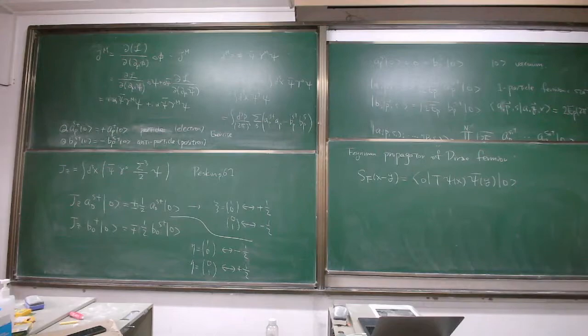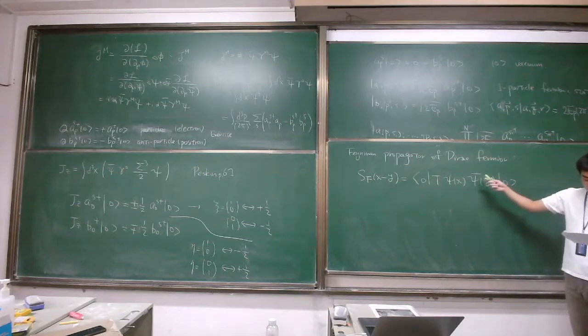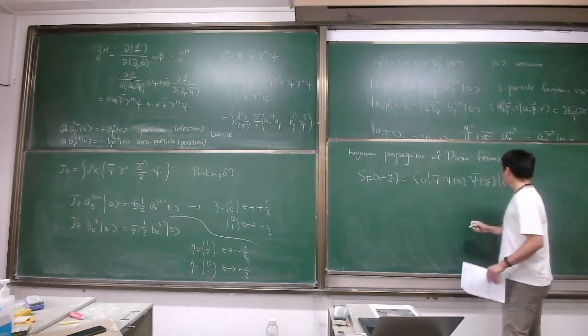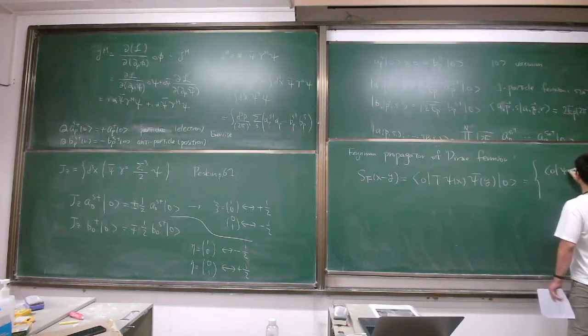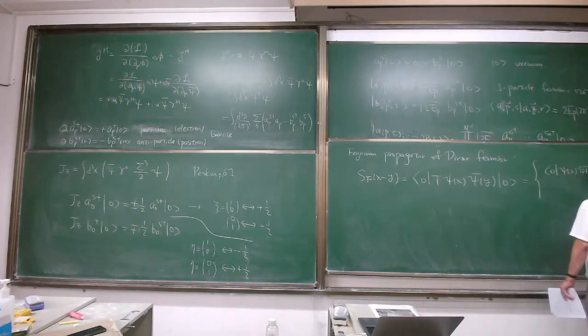Time ordered 2-point function. And then we use the psi bar to be Lorentz invariant. So this can be understood as the vacuum expectation of psi x, psi bar y, if x0 is greater than y0.